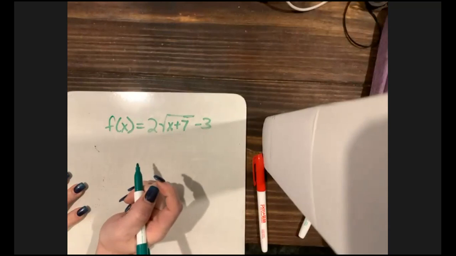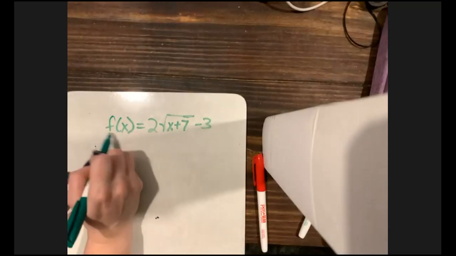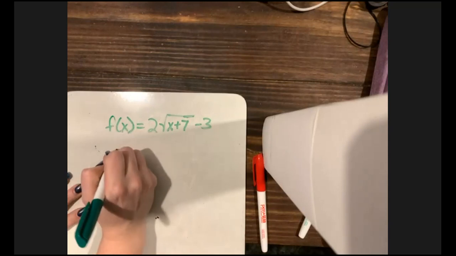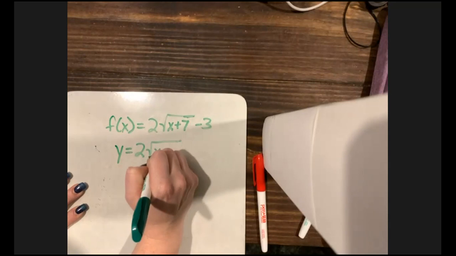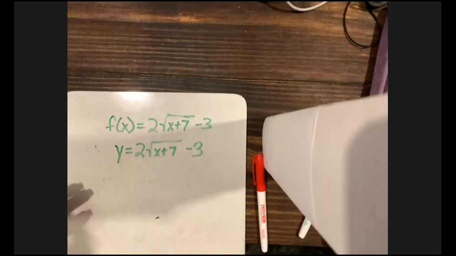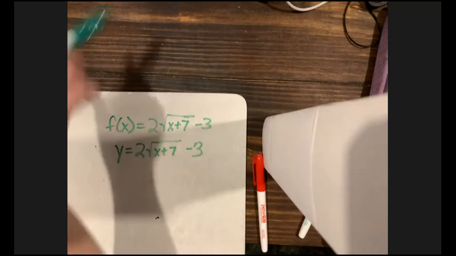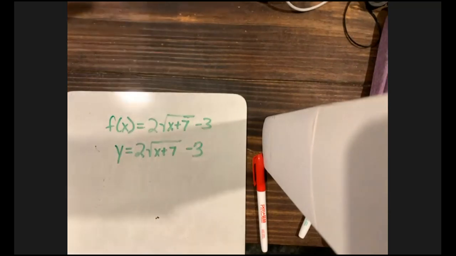Okay. So here's this one. First step is f of x is going to become a y. That marker is not dark enough. There we go.